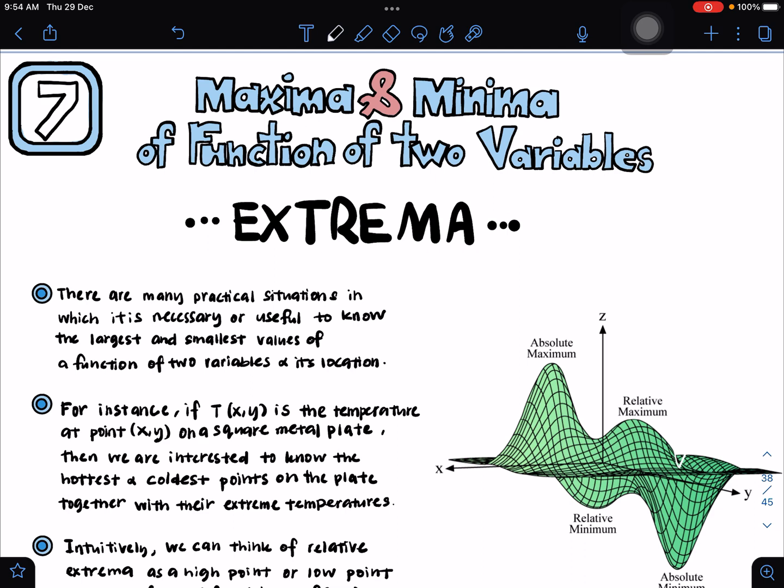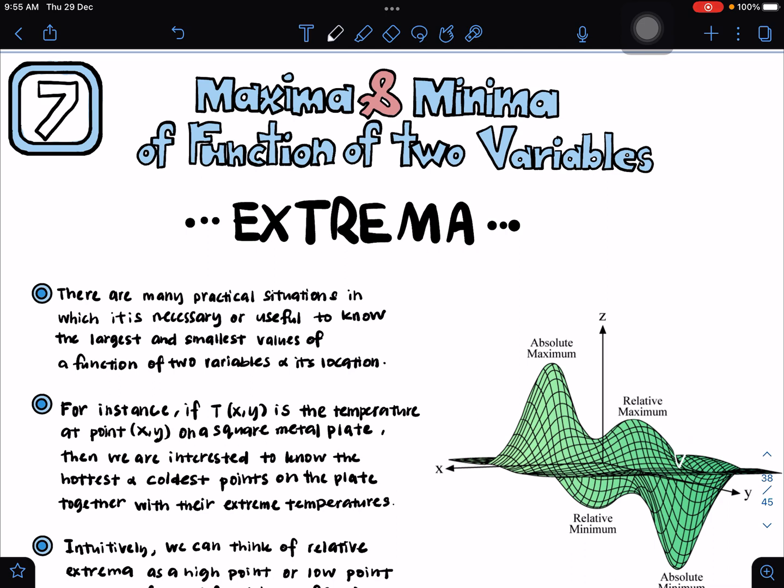In maths, we learned about the first derivative and the second derivative in finding the critical point, and the second derivative is used to evaluate whether our critical point is a maximum or minimum point. So it's actually the same concept here in finding the maxima and minima of a function of two variables, but because it involves two variables, we use the partial derivative, but the concept is still the same.